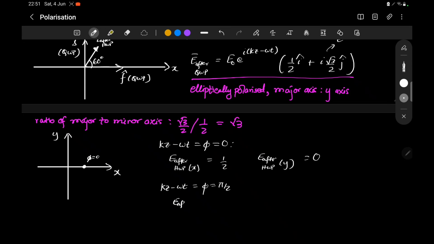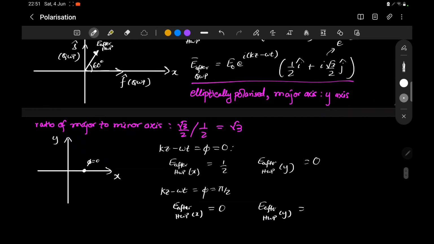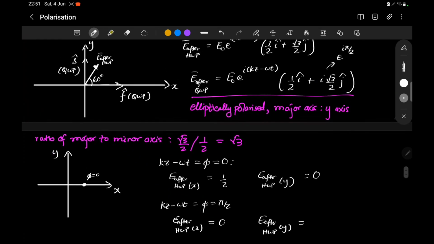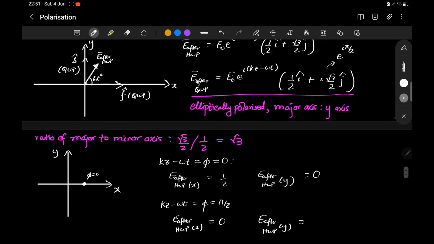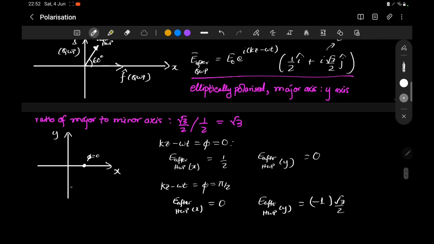Then we have the x component as 0 and the y component will be, so this will be pi by 2 plus pi by 2, that is pi, cos pi is minus 1, so this would be negative 1 times root 3 by 2. So this point would come over here. This is phi equal to pi over 2.